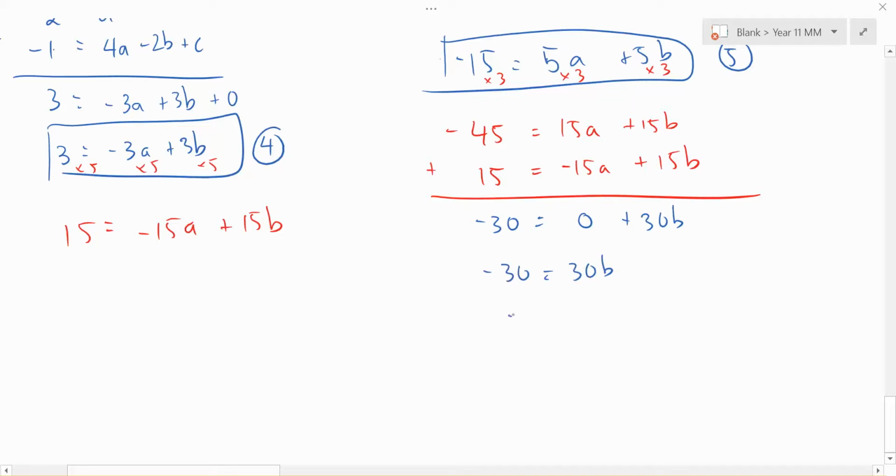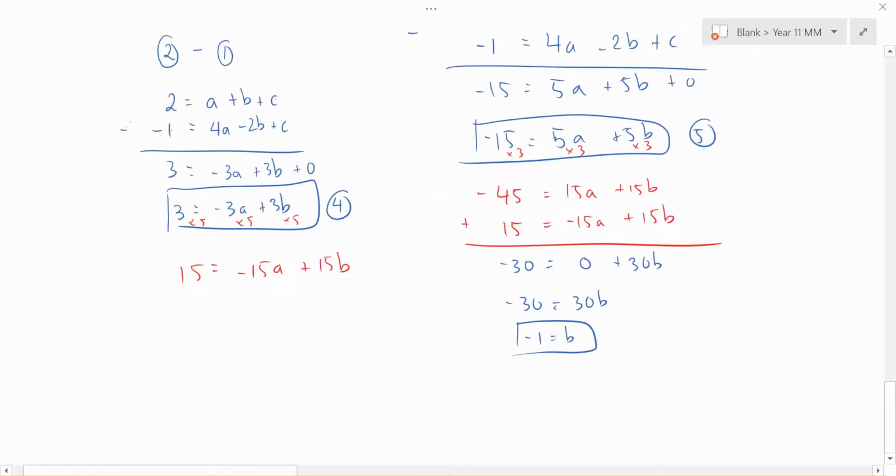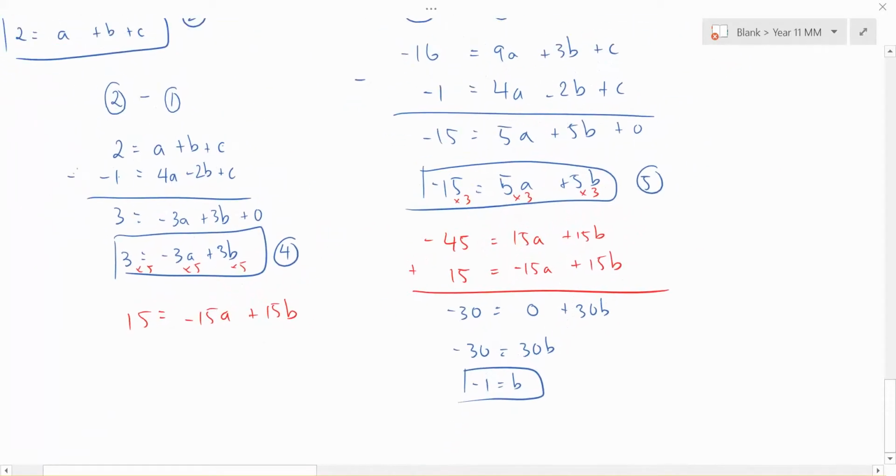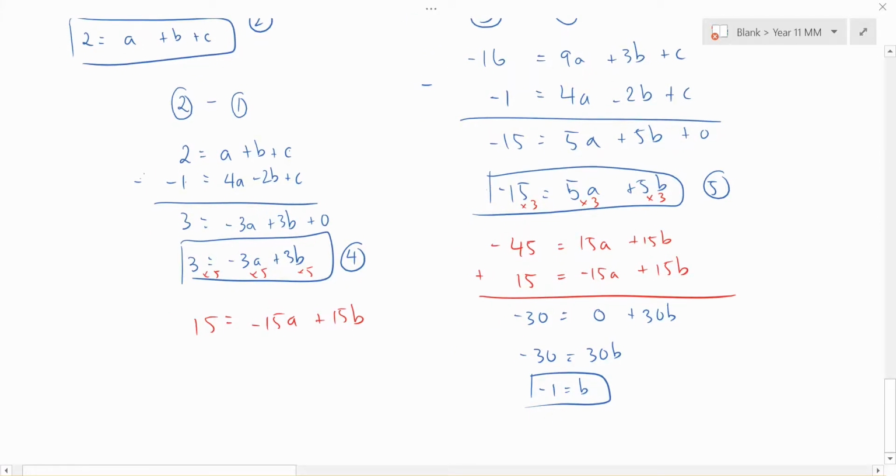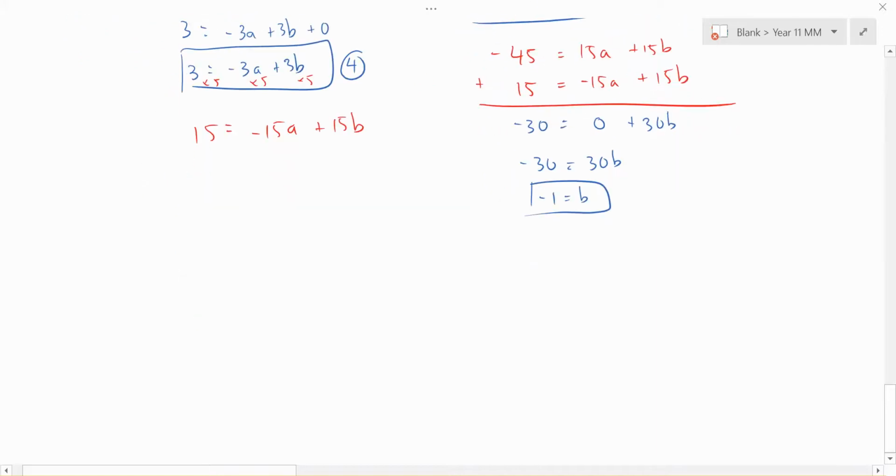Divide by 30 on both sides, b equals negative 1. Finally got one of the terms. So if b equals negative 1, you can now solve for one of the others. So let's take equation 4 again: 3 equals negative 3a plus 3 times b.